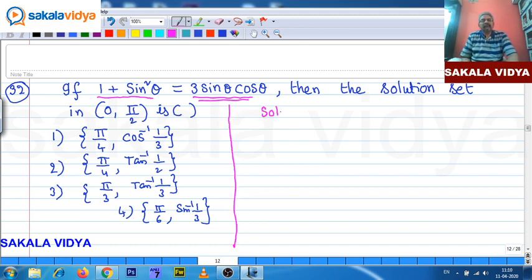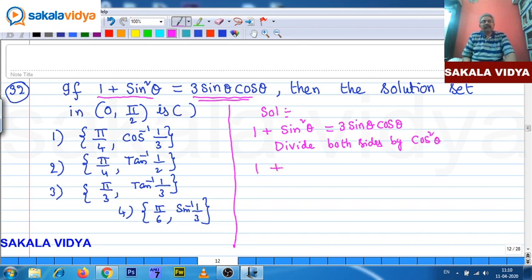Solution. Here we have 1 plus sin square theta equal to 3 sin theta cos theta. It's clear on the screen. So divide both sides by cos square theta.